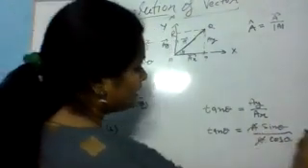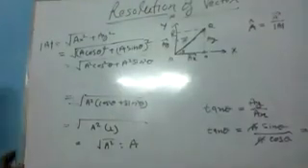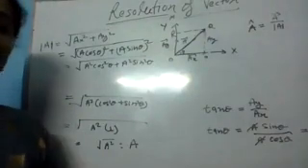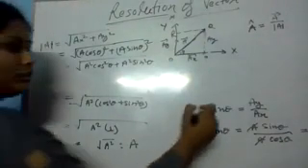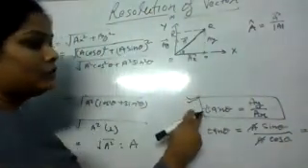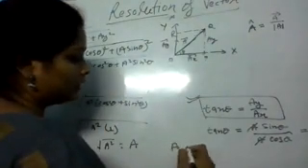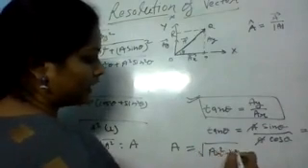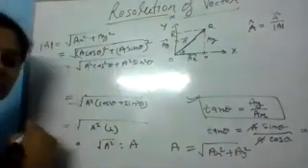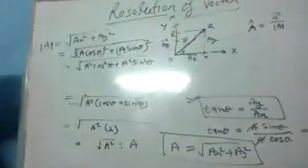So A से A cancel and it becomes tan theta. Is this clear? Yes, ma'am. So ये यहाँ से भी justify हो गया. For direction we will use this formula and for the magnitude we will use this formula, AX square plus AY square. Okay. Is there any problem in any point?